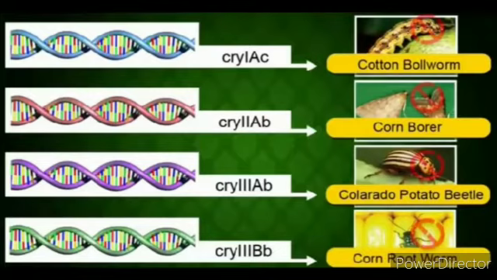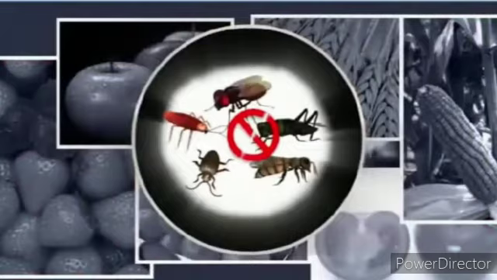There are a number of such proteins or toxins. For example, the proteins encoded by the genes Cry1Ac and Cry2Ab control the cotton bollworms. That of Cry1Ab controls the corn borer.